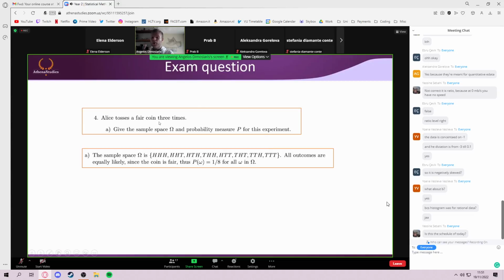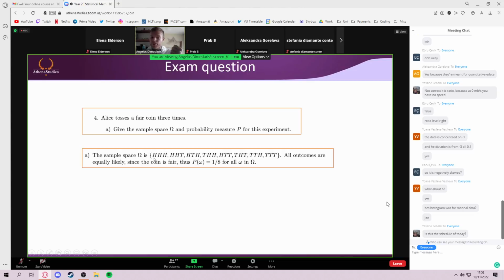If you have a coin, what are the results? You can only have heads and tails, right? And you throw it 3 times here. So let's find the sample space omega.